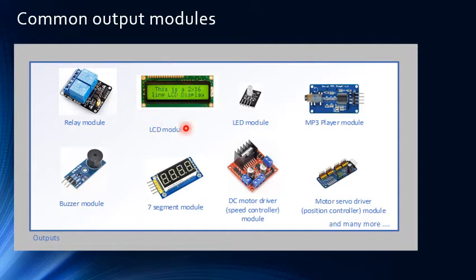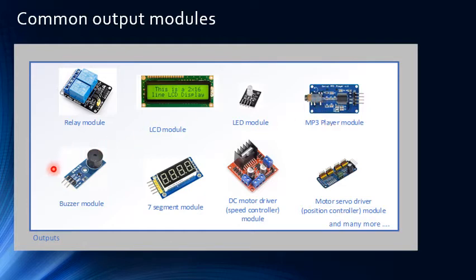By having the LCD module, you can display many things. It can be the current, the voltage, or the temperature, or many other things. It can be the LED module. If you want to have a flashing light or changing color, you can use the LED module. If you want to play music, you can use this one.